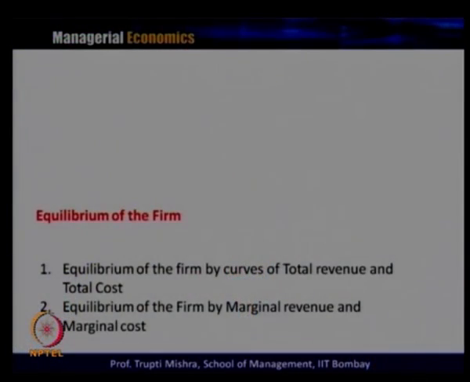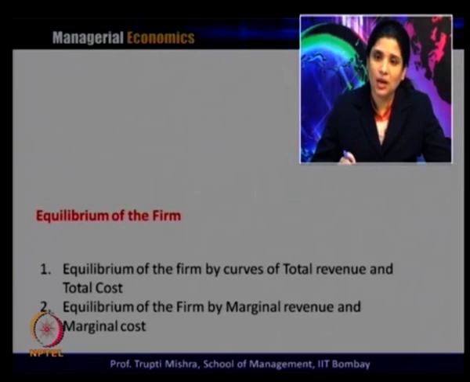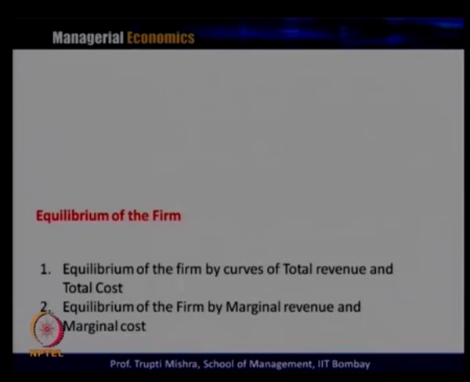The equilibrium of the firm can be achieved either by total revenue and total cost, or by marginal revenue and marginal cost. Individually, we will see through graphical explanation how the equilibrium is achieved through the total revenue and total cost form, and through the marginal revenue and marginal cost form.